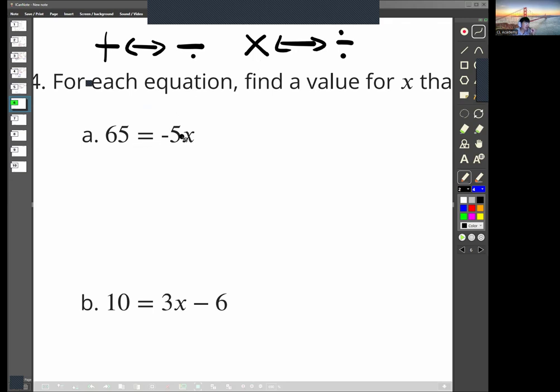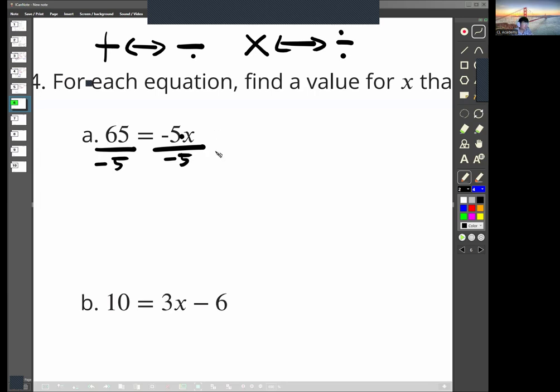Right now we have a multiplication. So what do I need to do? What is the inverse? Division. So I need to divide by -5 on both sides. Why do I need to do both sides? We're gonna learn more when we actually learn lesson 4.